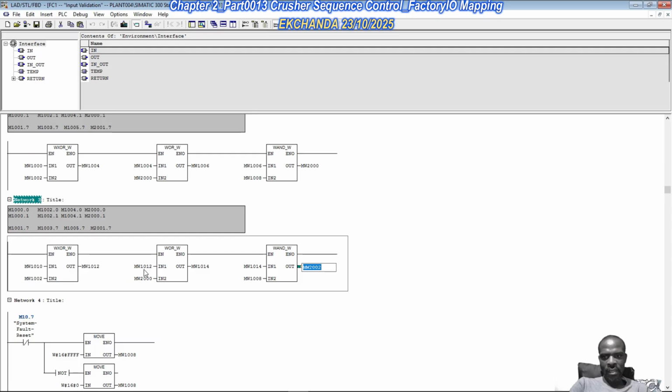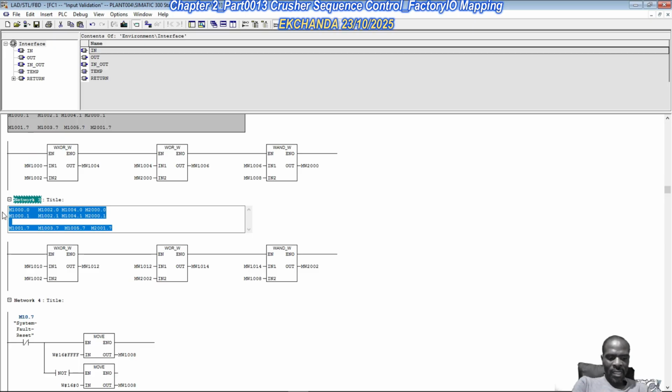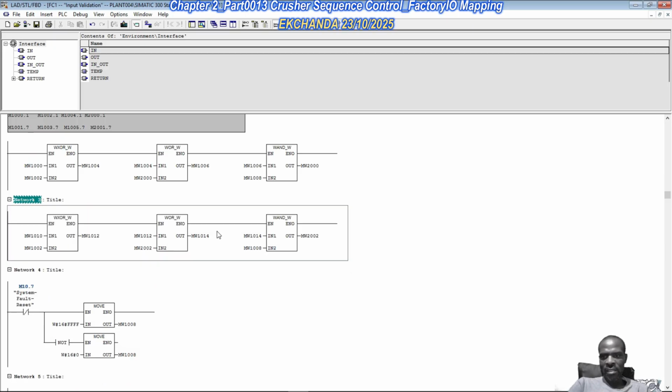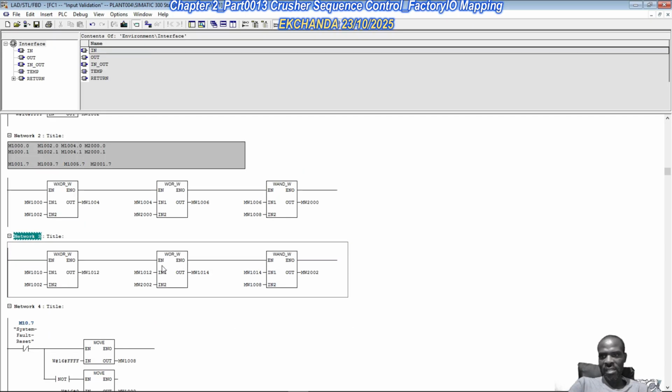So this here is the same as that. This gives us an additional 16 bits to play with. This was meant to just illustrate the operation of the bits, which you can refer to the previous video.